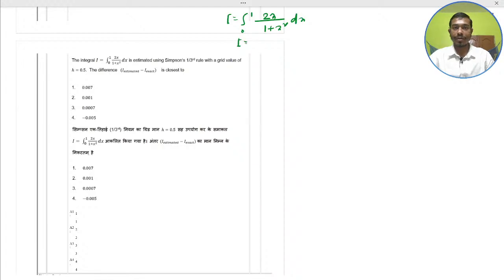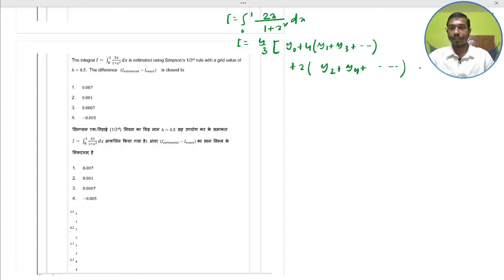Using Simpson 1/3 rule, the formula would be h by 3 into y0 plus 4 into the odd ones y1, y3 and so on, plus twice into the even ones y2, y4 and so on, plus the last element, that is yn.